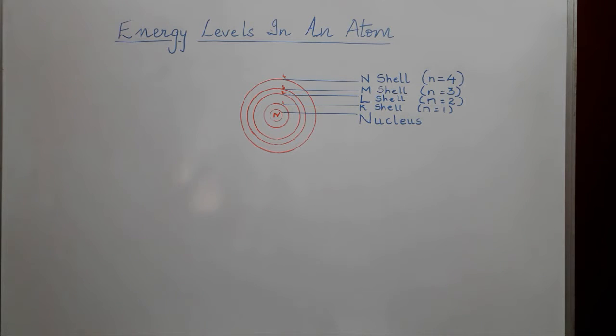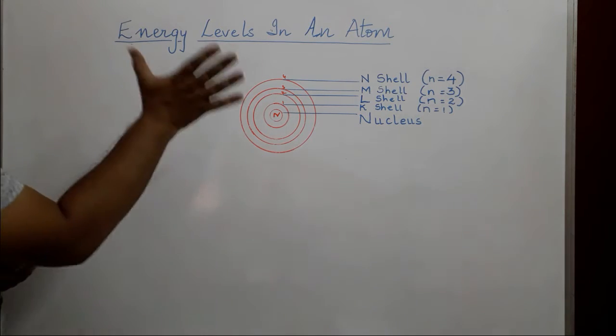Now atoms have some subatomic particles, that is, particles tinier than an atom, and they are electrons, protons and neutrons. Every atom is made up of a nucleus at its center. The nucleus is like the heart of the atom. It contains protons and neutrons, and there are electrons moving around in discrete orbits around the nucleus.